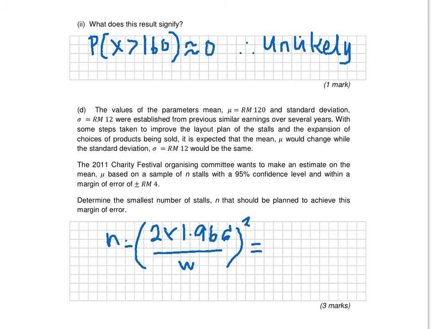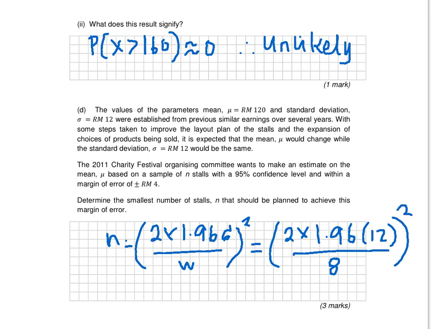Substituting our sigma and the respective width, we have 2 times 1.96, sigma is 12, divided by width, plus or minus 4, that means width we need to multiply by 2 to give you 8, square that, give you the answer of 35.